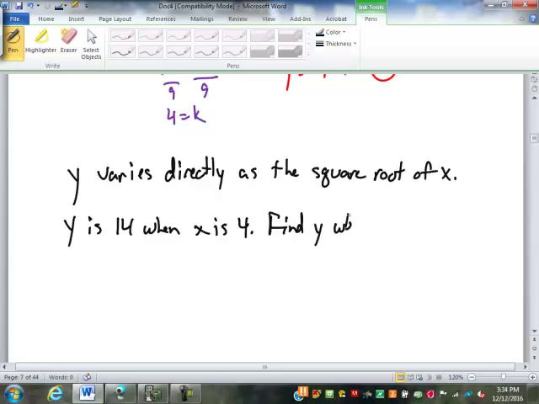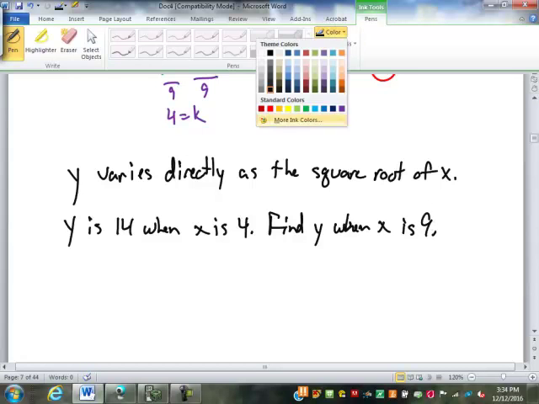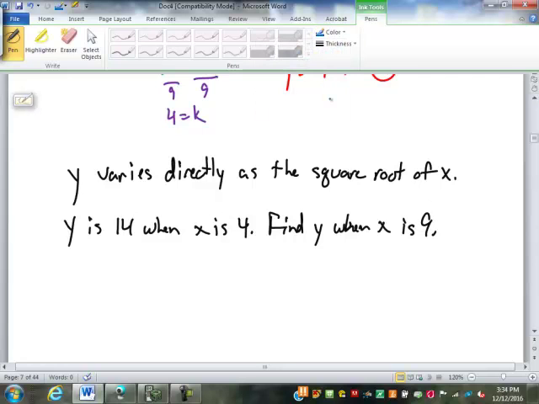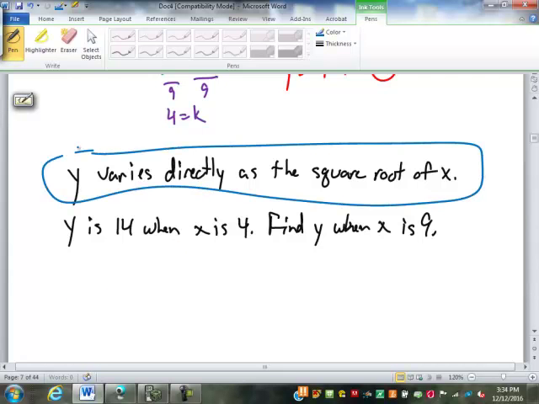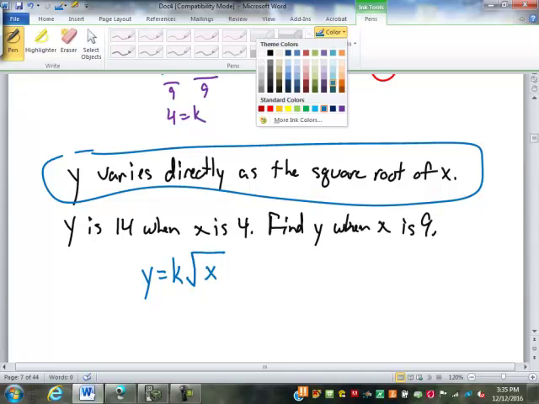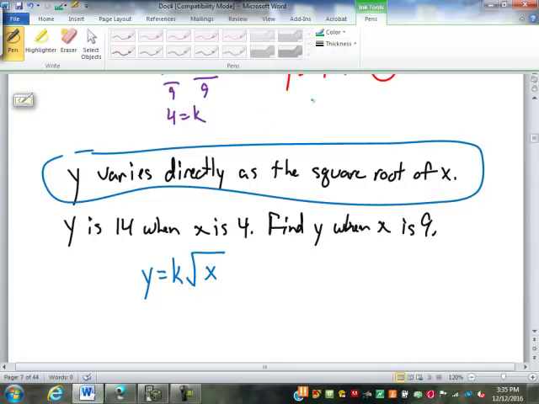Find Y when X is 9. Tell me what to do here. Well, Y varies directly with the square root of X. That's a little different. Instead of Y equals KX, it's Y equals K times the square root of X. Then what's next?